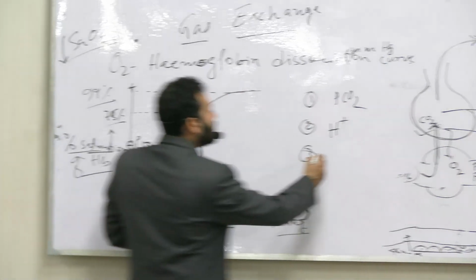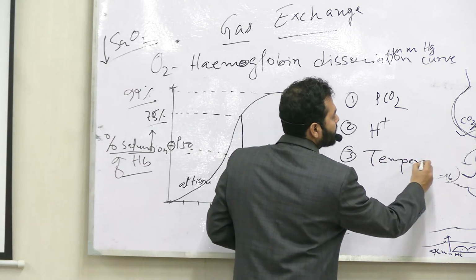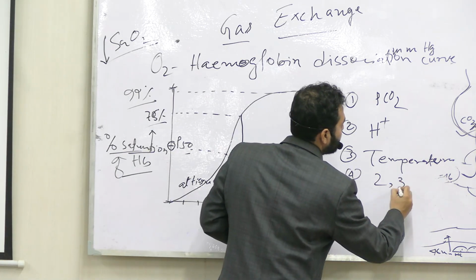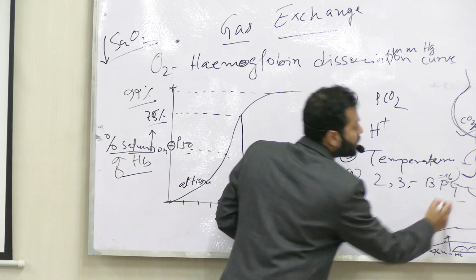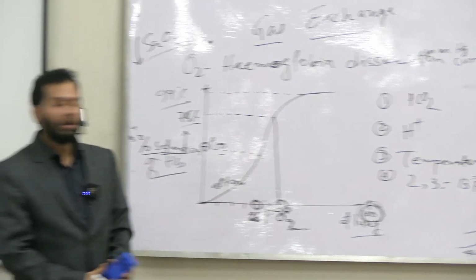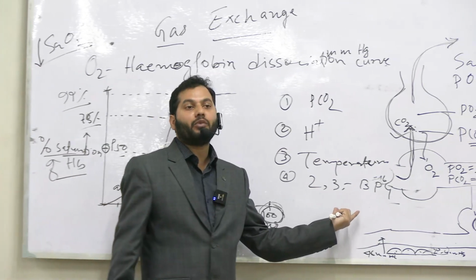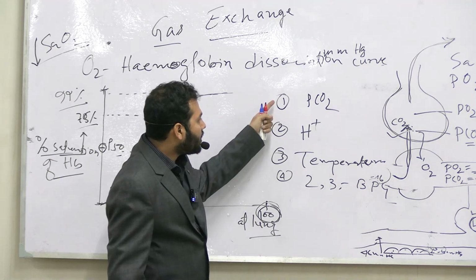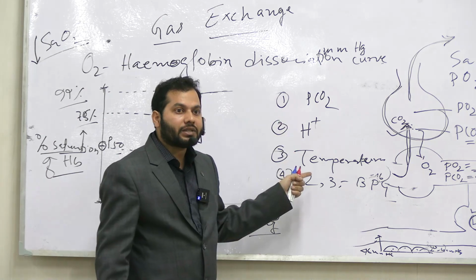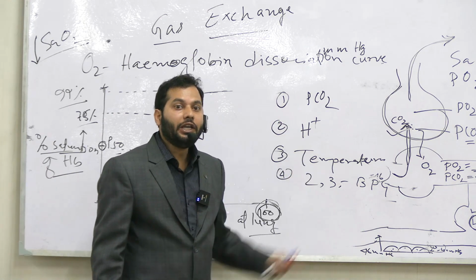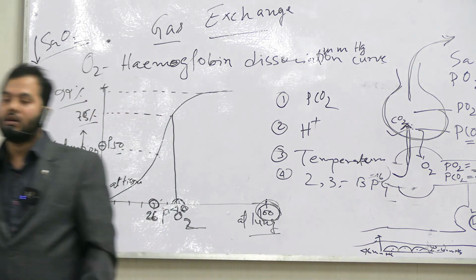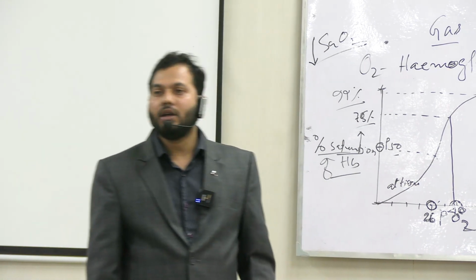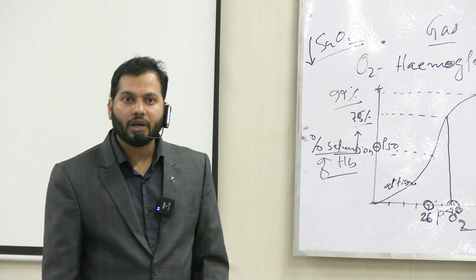Again, temperature, and bisphosphoglycerate. It is an intermediate product of the glycolytic pathway. So these factors influence the relationship between partial pressure of oxygen and percent saturation of hemoglobin.